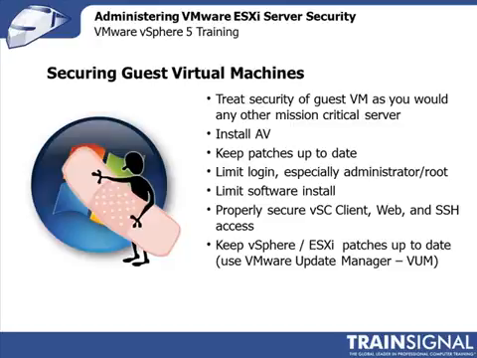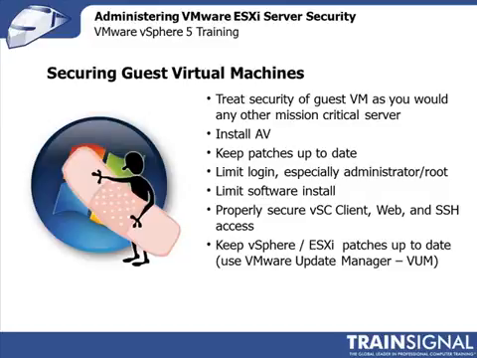And that means, let's say these are Windows servers, you need to install antivirus, keep the Windows patches up to date, application patches up to date. You want to limit login, especially by the administrator account or the root account if it's Linux. Limit software installs, because as you know, the more software you put in an operating system, the more chance you're taking that you might have instabilities.